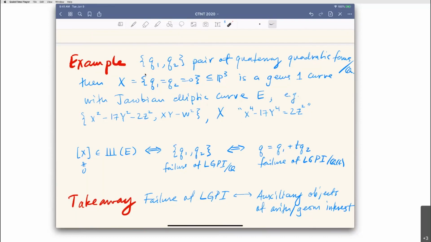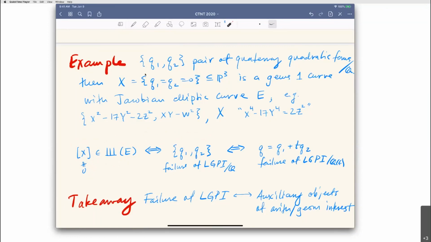To sum that up, because this X is a genus 1 curve with Jacobian E, assuming that it's everywhere locally solvable, we can view it as an element of the Tate-Shafarevich group of its Jacobian E. And the assumption that that class is non-trivial, so that the genus 1 curve does not have a rational point, is equivalent to this.